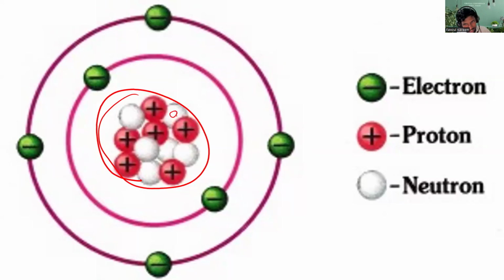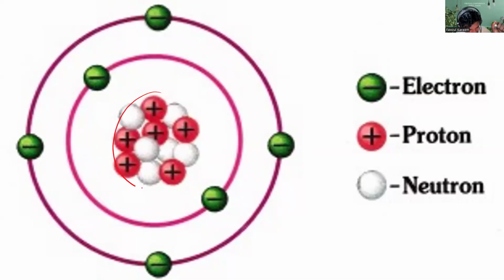But if I ask what is the charge of the nucleus, not the neutron, it contains a positive charge, right? In the nucleus, we have the plus charge. So the proton has a plus charge, and the nucleus also has a plus charge because of the proton.